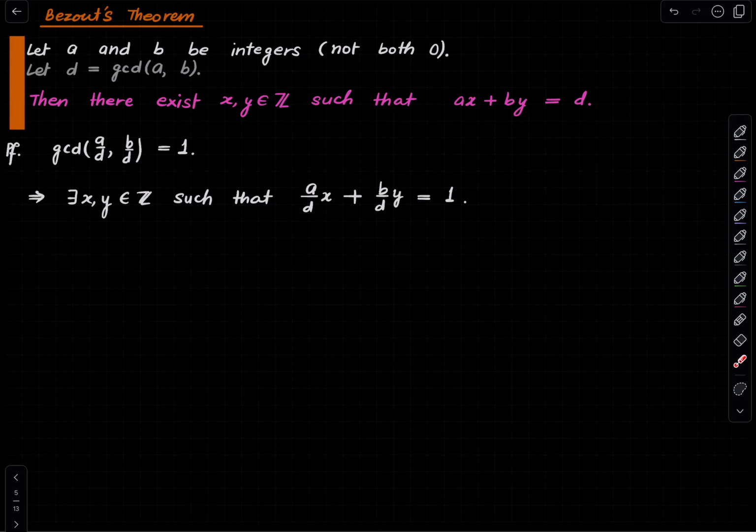And everything that can be written as the integer linear combination of two integers will be divisible by d. So here is a better statement that we could have made than the one that we have made. The better statement is aZ plus bZ is equal to dZ, where recall aZ plus bZ is the set of all such numbers, right?